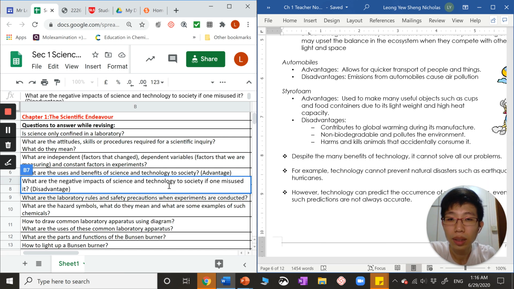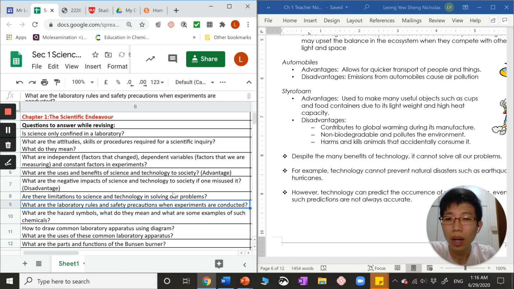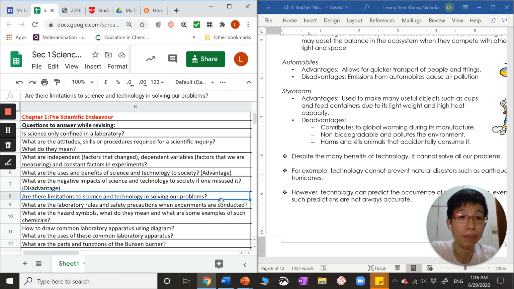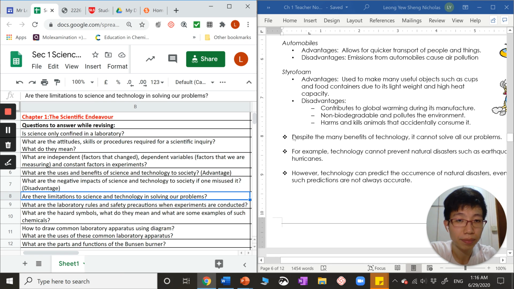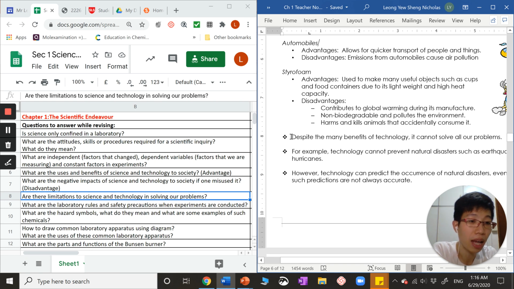Okay, so the next one will be, are there limitations to science and technology in solving our problems? So over here, we know that science and tech cannot solve everything.